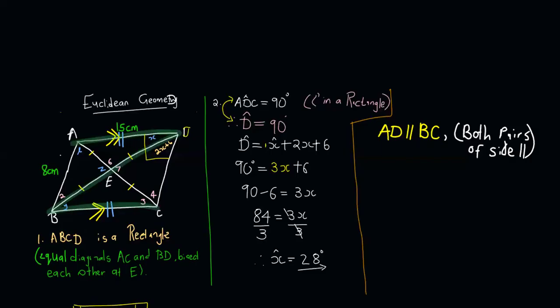It means to say this angle right here, which we call angle ADB. Let's write it. Angle ADB equals this angle right here, angle DBC.